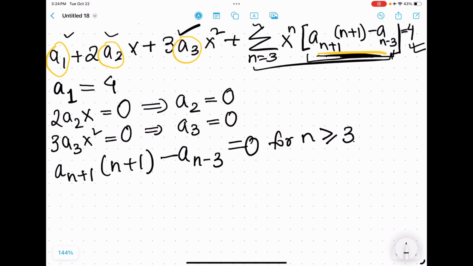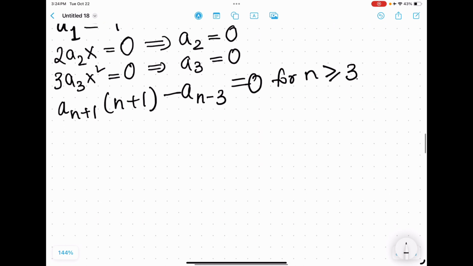And I can see at my right, I just have a constant value, which is a 4. All right. So now let's generate some terms, because my question was that they want us to generate certain terms and write our solution.